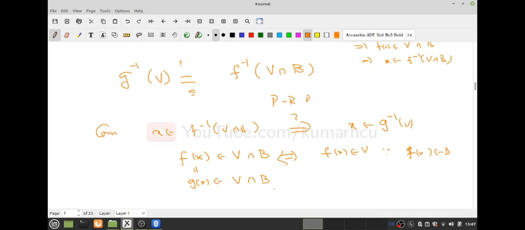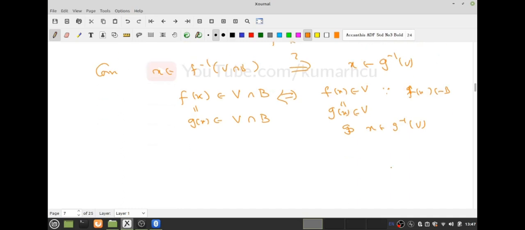Okay. So fx belongs to V. But fx is nothing other than gx belonging to V. But that is the same as saying x belongs to g inverse of V. I just kept these things f and g separately instead of using the same symbol f, so that you think of g as a function from X to Y, but it takes values only in B.